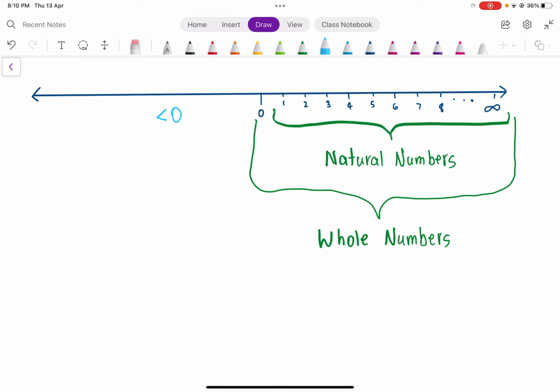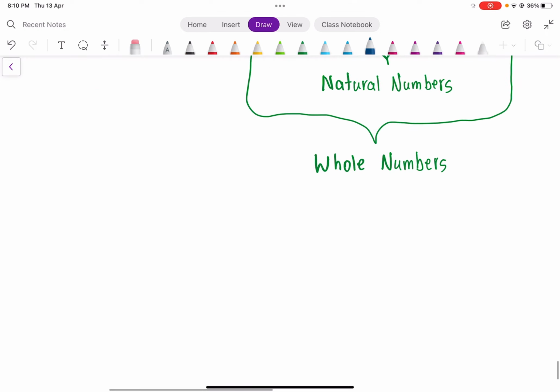Well, to introduce this concept, let's talk about earning and spending money. Let's say you went to work for about 3 hours and you got paid $40. So that means $40 was added to your bank account. Then you went home and decided to get yourself a treat, and you spent $50.